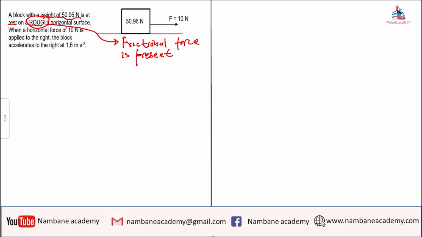It is true. The surface is not smooth, it is bumpy, it is not a straight line. In actual sense, it must be something like this because it is the ground. I am not interested in that. I am interested in applying the science to the word rough. The word rough to science says frictional force is present.